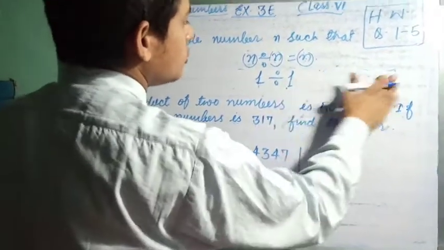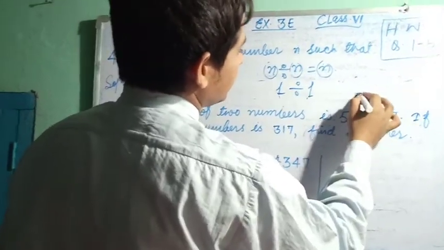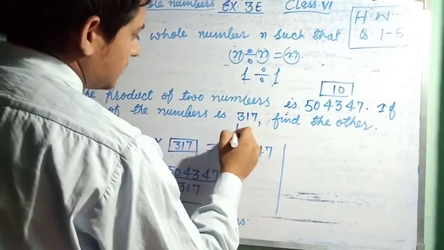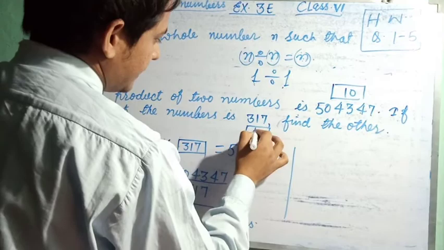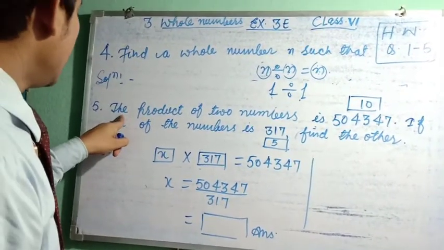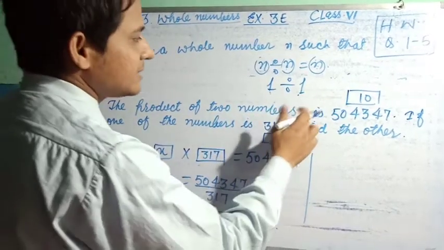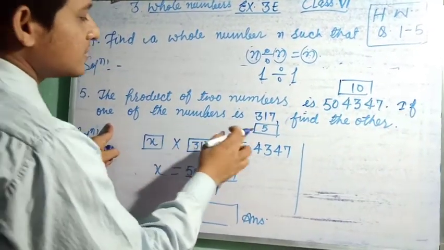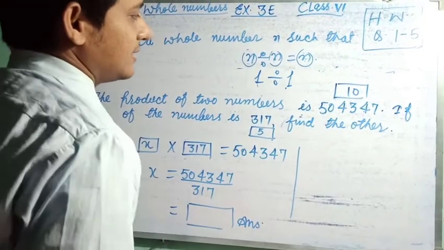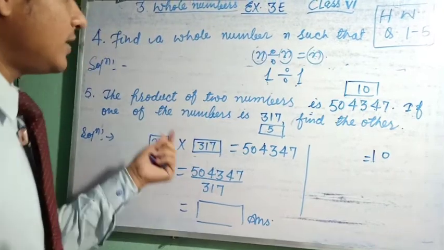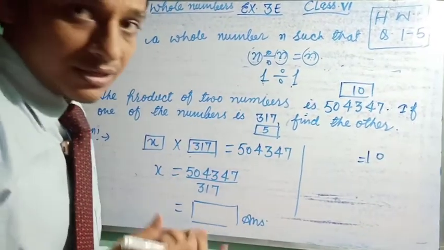Suppose instead of this huge number, here is 10, and instead of this number, here is 5. The product of two numbers is 10. If one of the numbers is 5, then find the other. That means the product of two numbers is 10, one number is 5, so the other is 2.